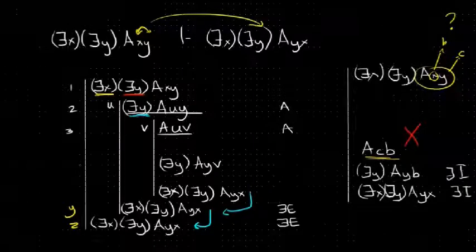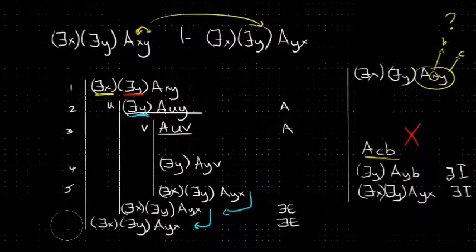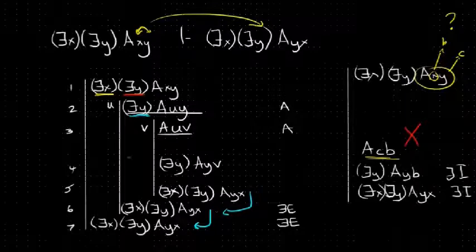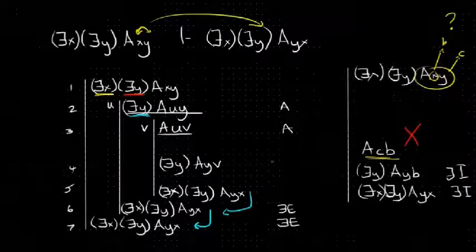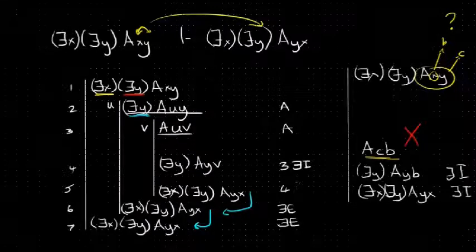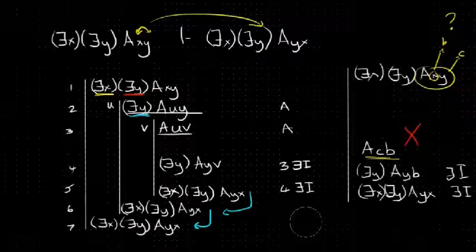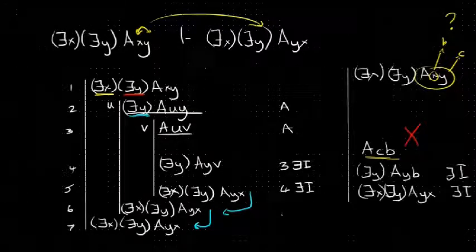2, 3, 4, 5. Get rid of our y and z, sorry. 6, 7. So 2 assumptions, and then 4 is from 3 existential introduction. 5 is from 4 existential introduction, and then these two, let's rewrite our rule so we've got a bit more space, are going to be 2 existential eliminations.